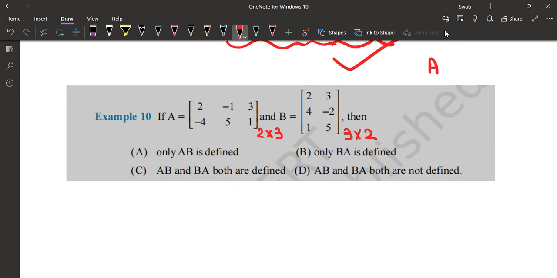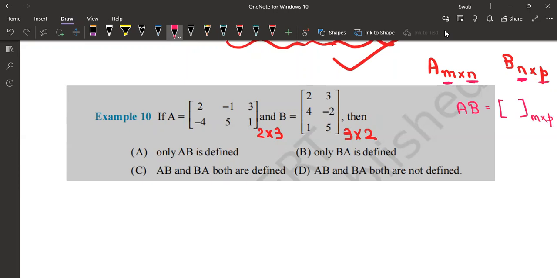If a matrix A has an order M cross N and B has an order N cross P, that means whatever number of columns we have in A, that should be the same as the number of rows in the matrix B. Then we can find out the product of A and B, that is AB, and the resultant matrix is going to be of the order of M cross P.